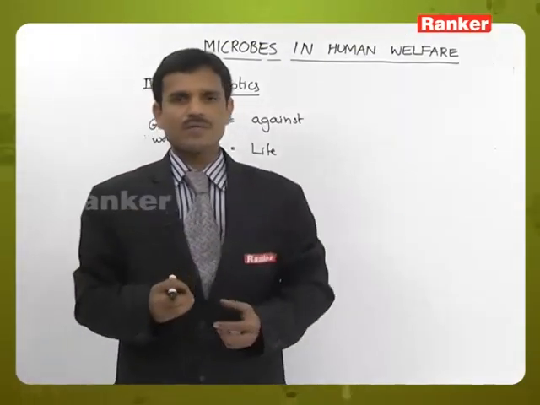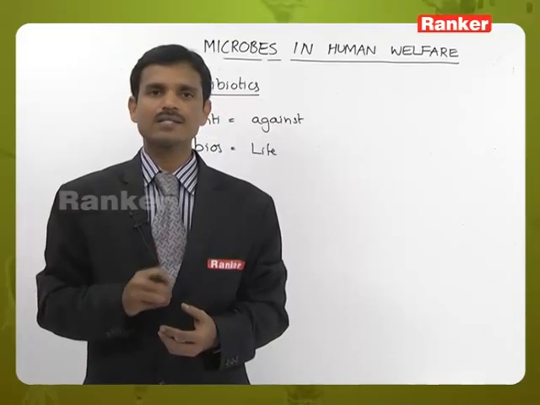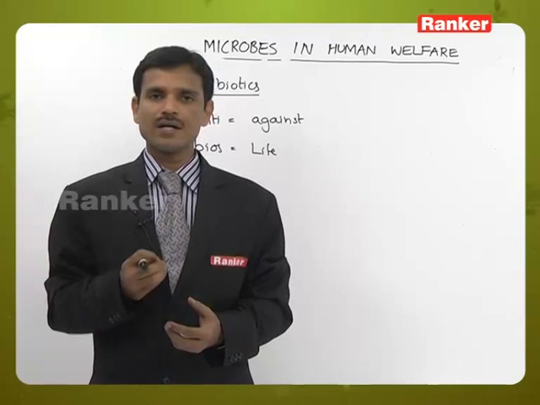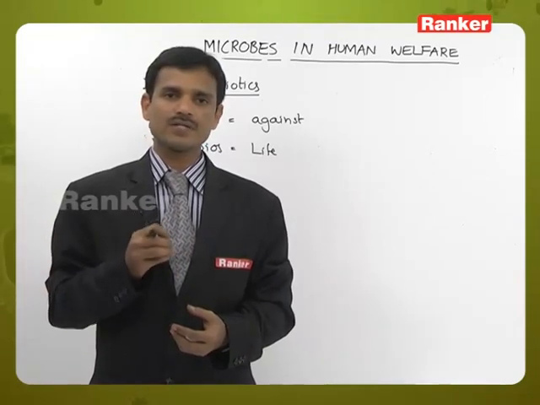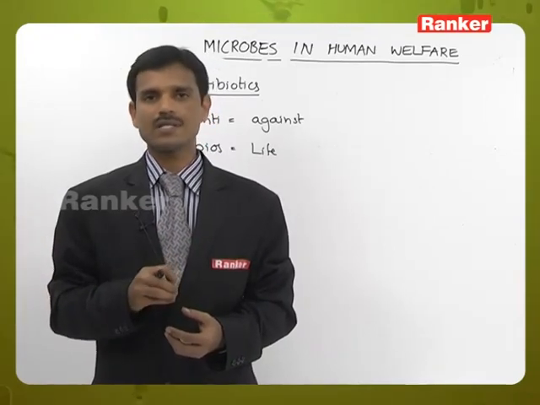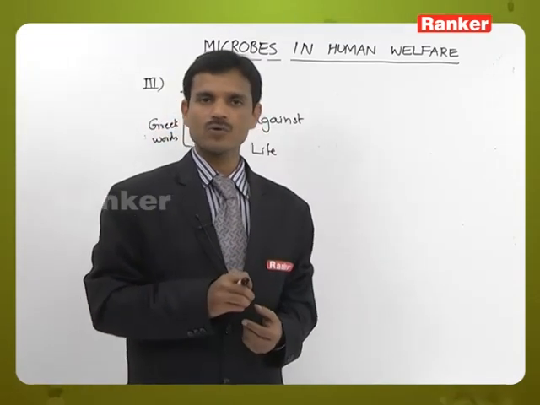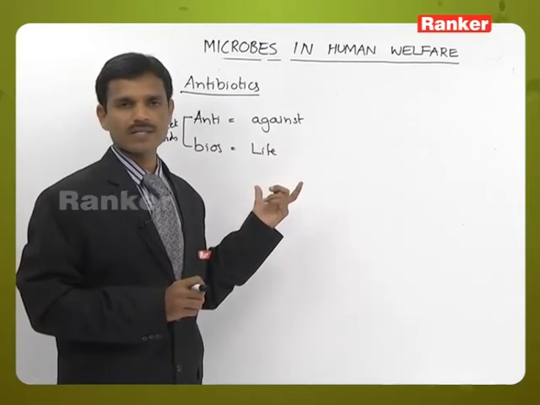So what is the meaning of antibiotic? Against the life. Against the life means it is retarding the growth of some microbes which are disease causing. So the disease causing organisms or microbes are killed by these antibiotics.